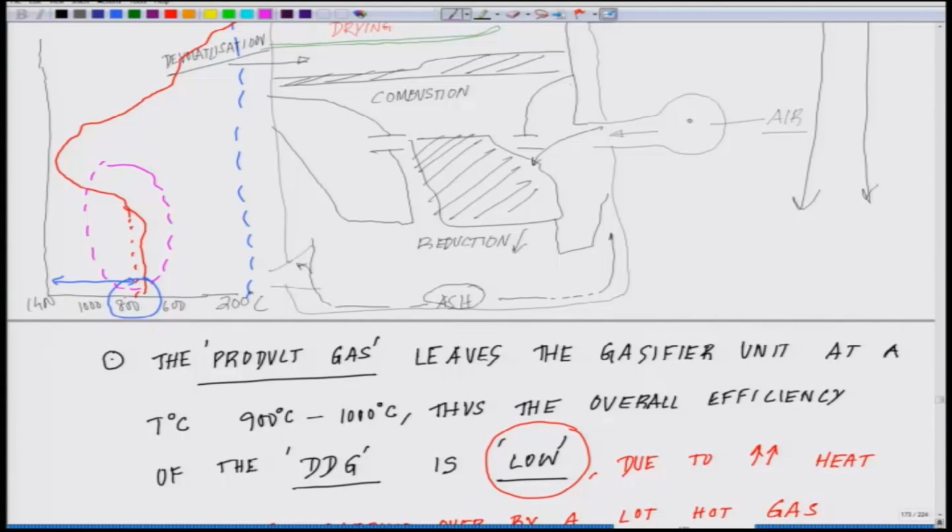So, look at this region. You can have the graph shifted a little bit more like this also. The yellow hatching what you are seeing is where the tar is being taken care of.